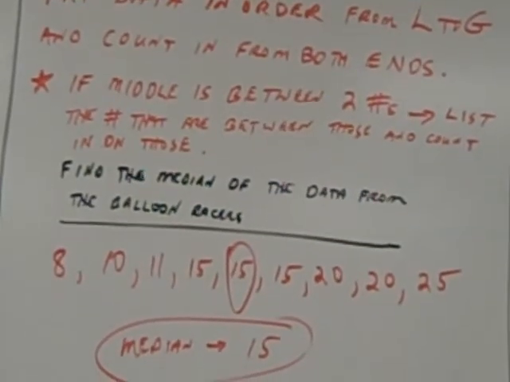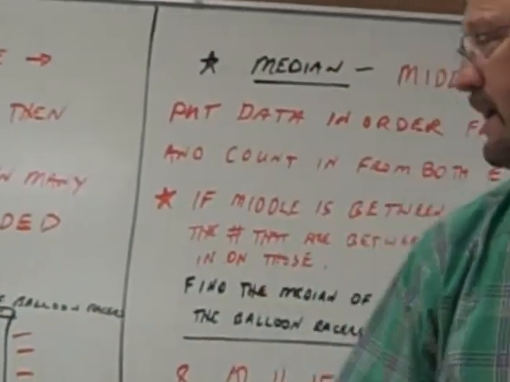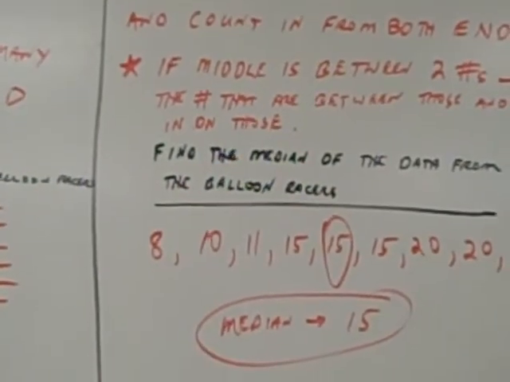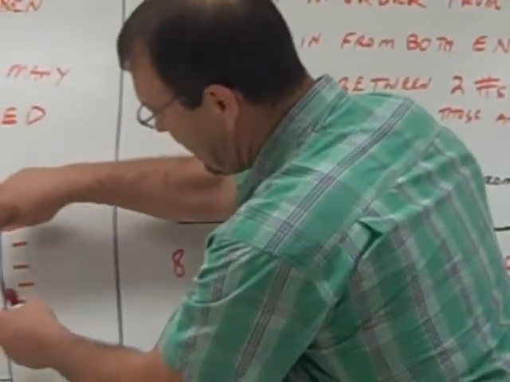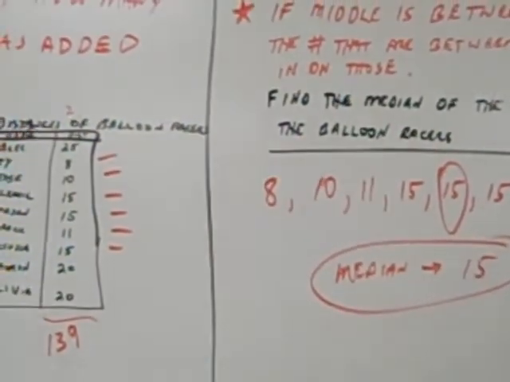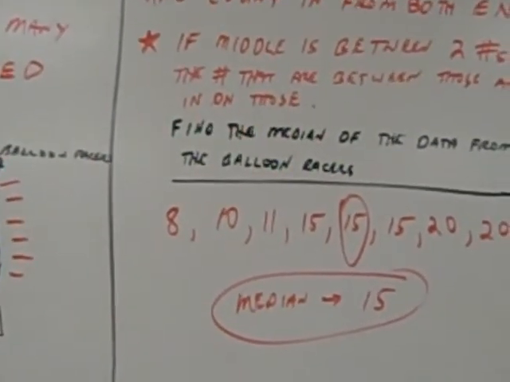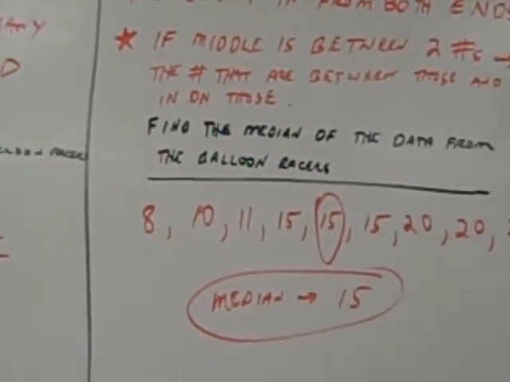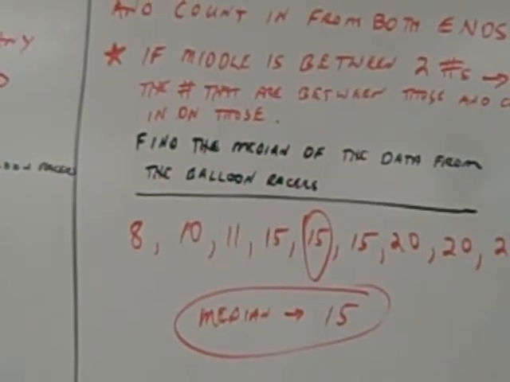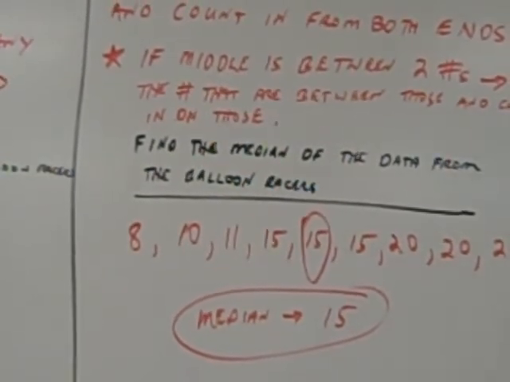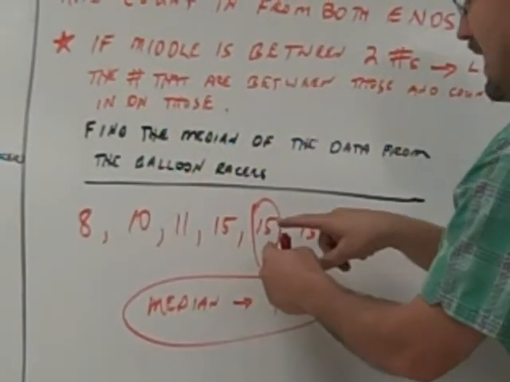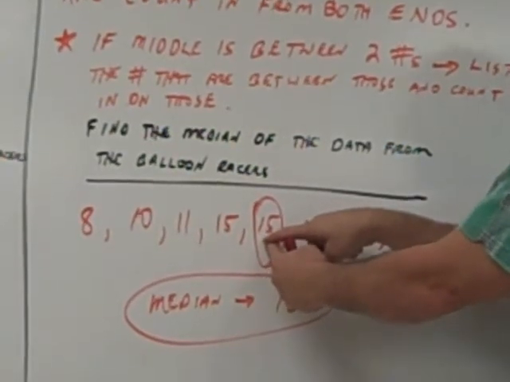The biggest mistake students make is they don't put them in order. They just start counting in without it being in order, least to greatest. Or they mess up when they count in between two numbers. When you count in, you might land on a number. That will be it.